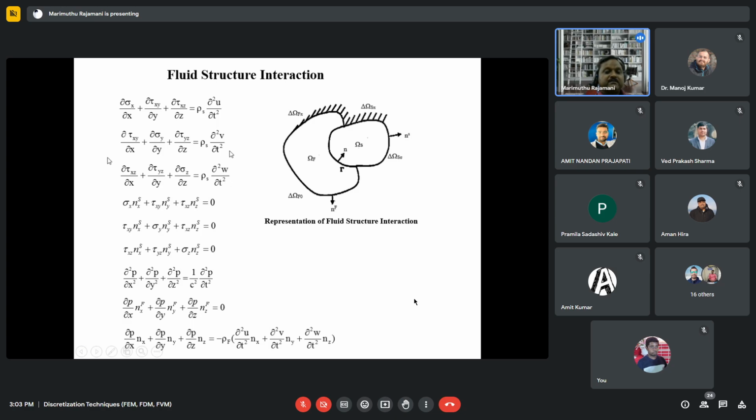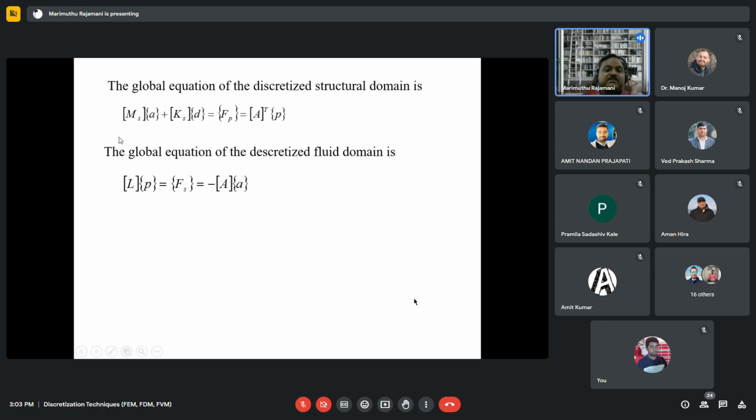Now, in this case, because acceleration term is there, mass matrix will come, and this will contribute to the stiffness part. So the final equation is structural mass into acceleration, structural stiffness into displacement is equal to Fp. This Fp is the force that is generated due to fluid pressure on the structure.